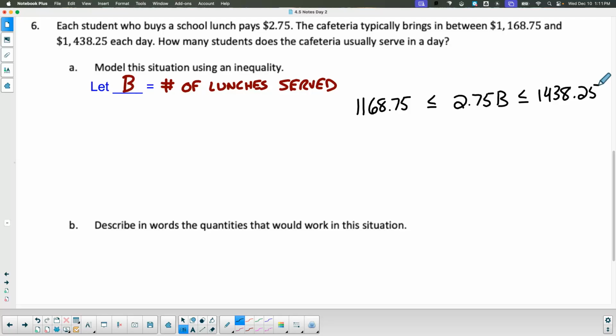So this is what is called a compound inequality, meaning there are 2 inequalities in the one equation.